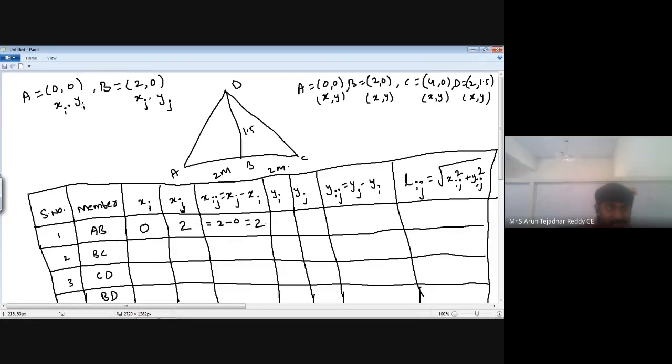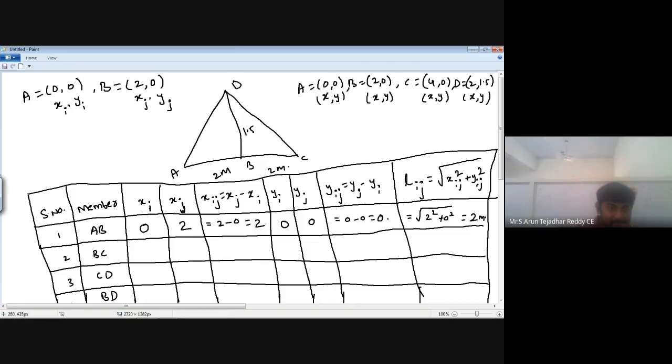Here yi is 0, yj also 0, so yij is equal to yj minus yi is equal to 0. Next lij is root of xij square plus yij square. Here xij is 2 meter, so 2 square plus yij 0, then it is root 4. Root 4 means 2 meters.